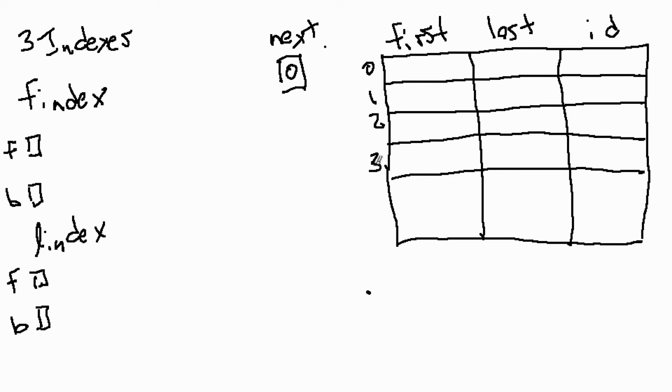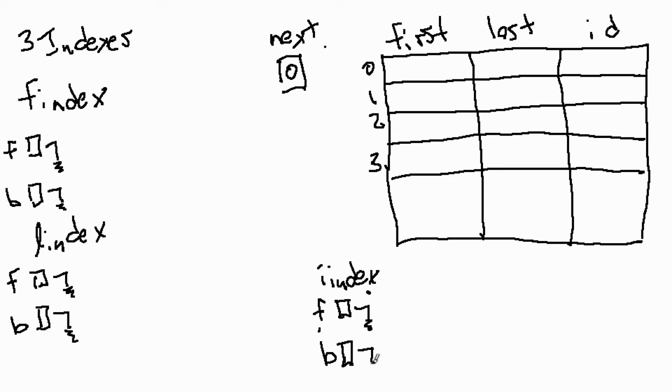And then there's going to be an I index, and that's going to have a front and a back. And initially, these guys are all pointing to null. Just like that.